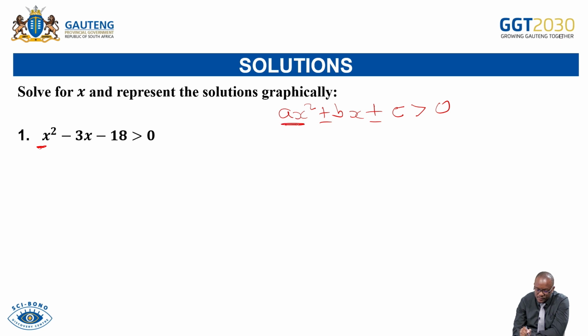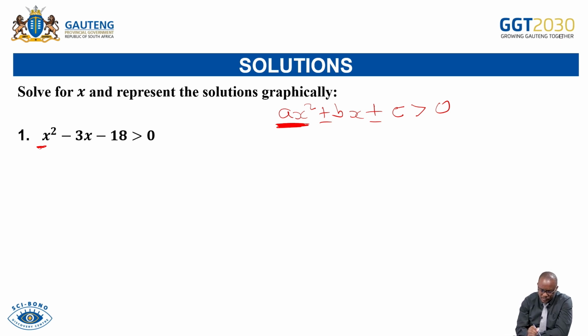The leading coefficient is the number in front of x squared. Always make sure that that number is positive so that we will be able to solve our inequalities properly without any confusion.